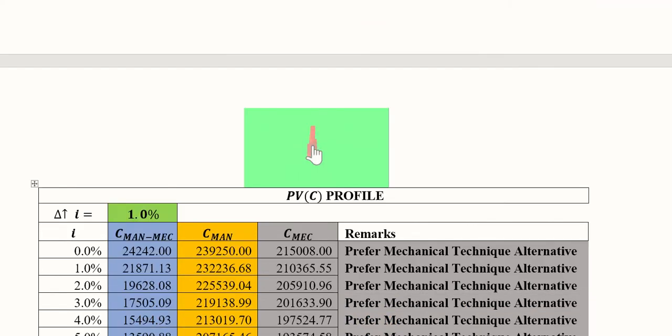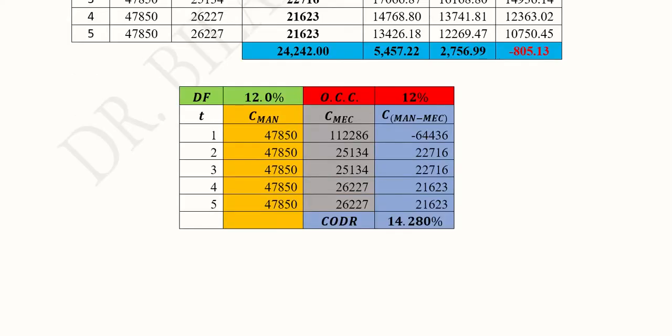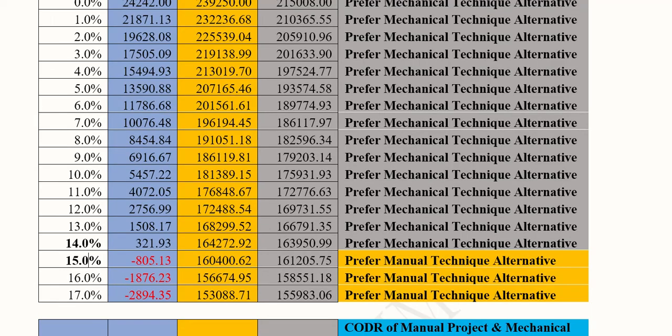That we already observed in our calculations above, that it was 14.28%. Till that, we have preference for the mechanical technique, and afterwards we have preference for the manual technique. It is so because here you can see the values of the cost stream. They are lower for the mechanical technique, which is highlighted in the gray color.